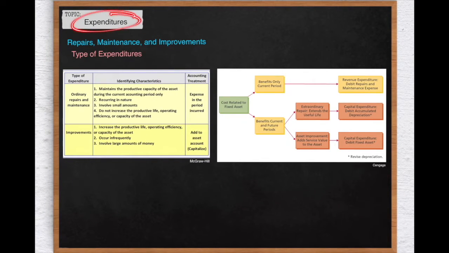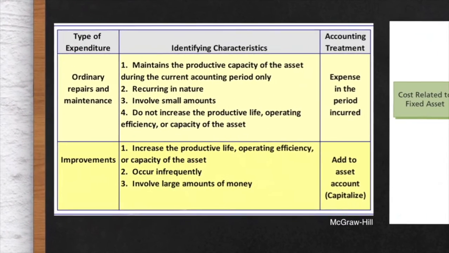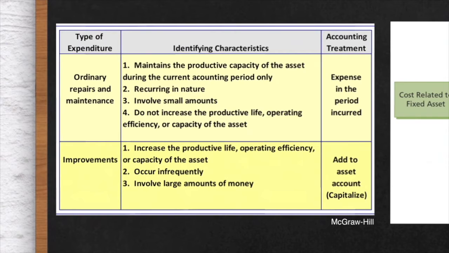All right, we're going to get into expenditures. So expenditures deals with repairs, maintenance, and improvements of fixed assets. Types of expenditures? Well, there's two. And we're going to get into that right now. So a type of expenditure is an ordinary repair and maintenance. Those are the characteristics on the second column.